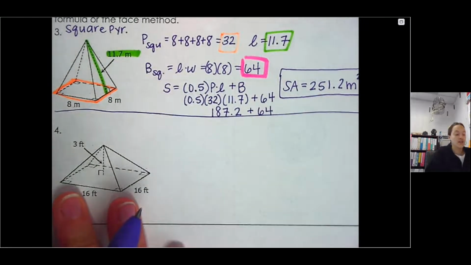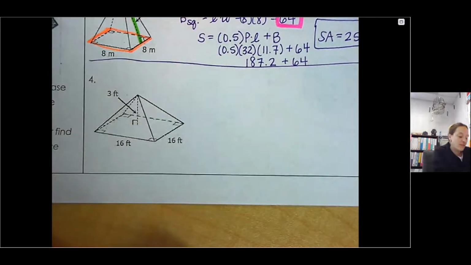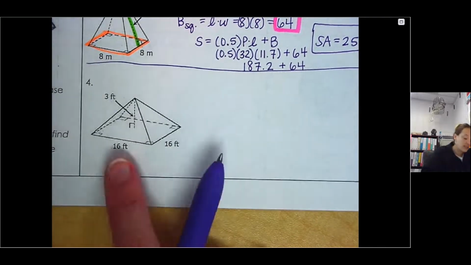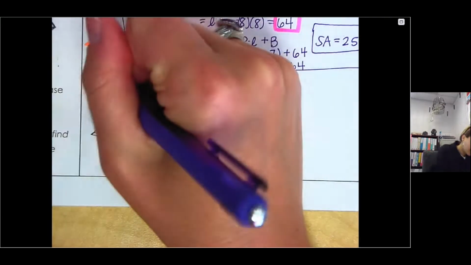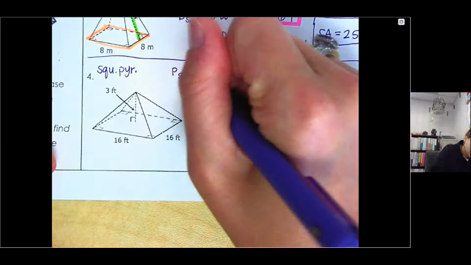Next one. For number 4, the first thing again is we're just going to identify what type of pyramid it is. Obviously, this is a square pyramid again. So that's nice. We're going to start by figuring out the perimeter of my square.